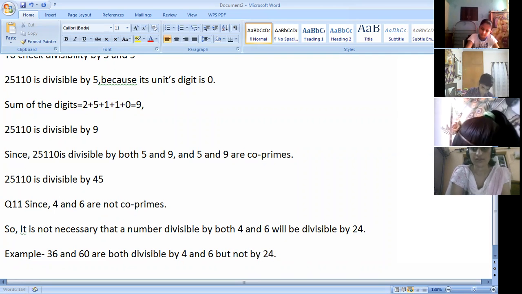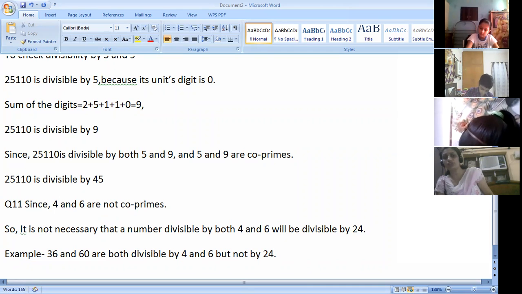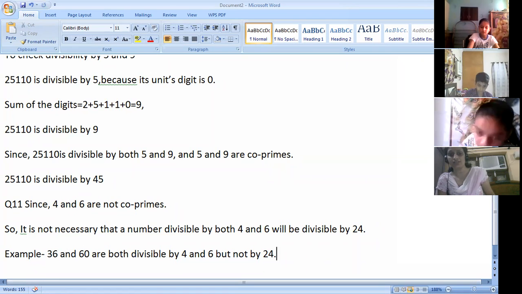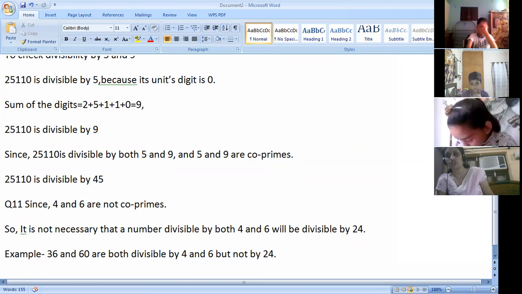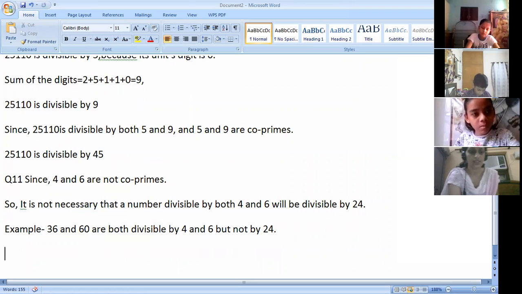If you check, 36 does not go in the table of 24, nor does 60, but 4 and 6 both divide 36 and 60. So for the numbers you are checking, please check whether they are co-prime or not. It is not always necessary that they will follow that divisibility rule. Okay, let's move to question number 12.